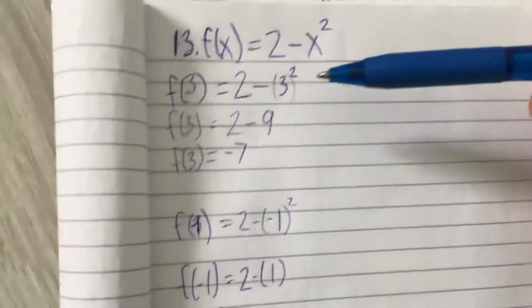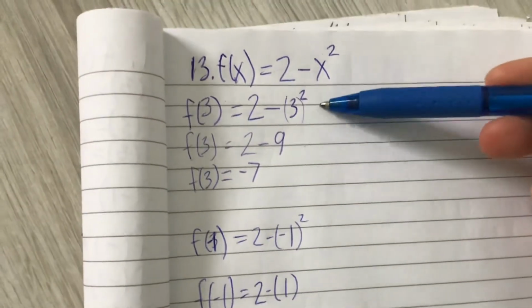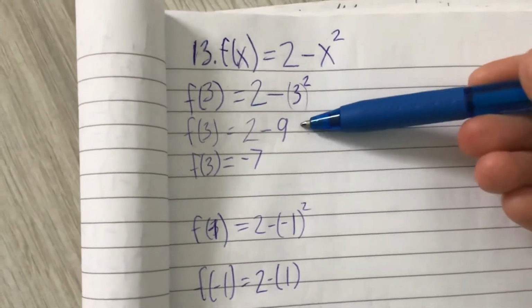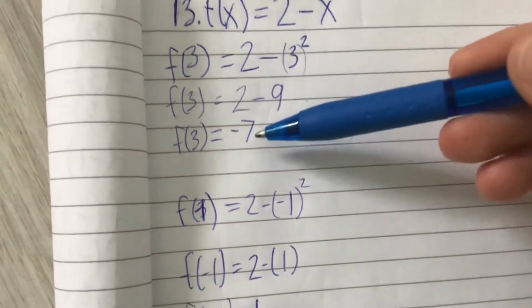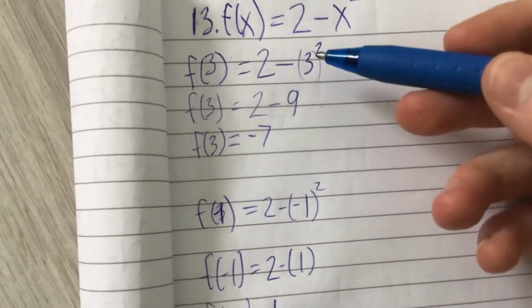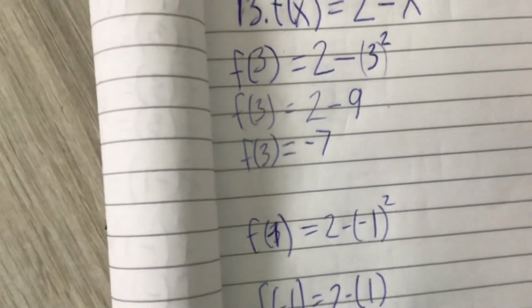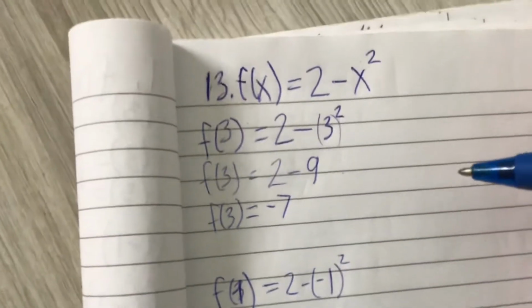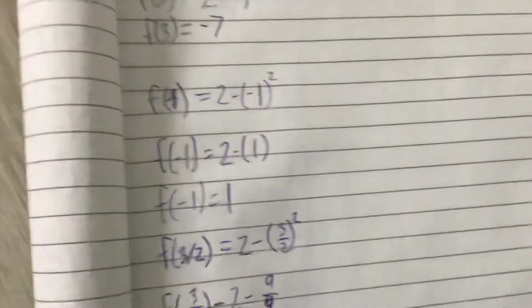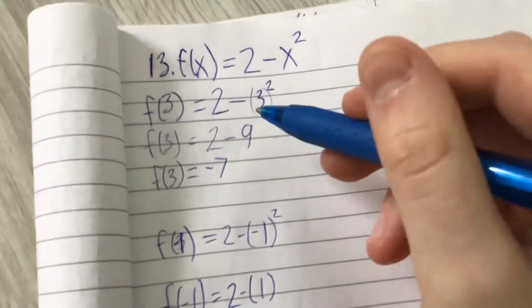So here's the ones with the squares. I did 9, 3 times itself is 9. And you know what's actually bugging me about this is the fact that I did, just wait a minute, okay, so the subtraction symbol is separate.